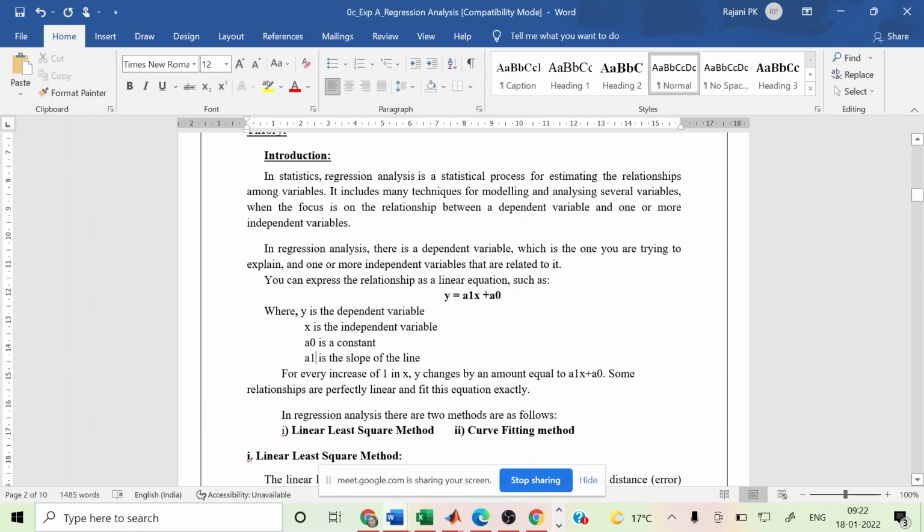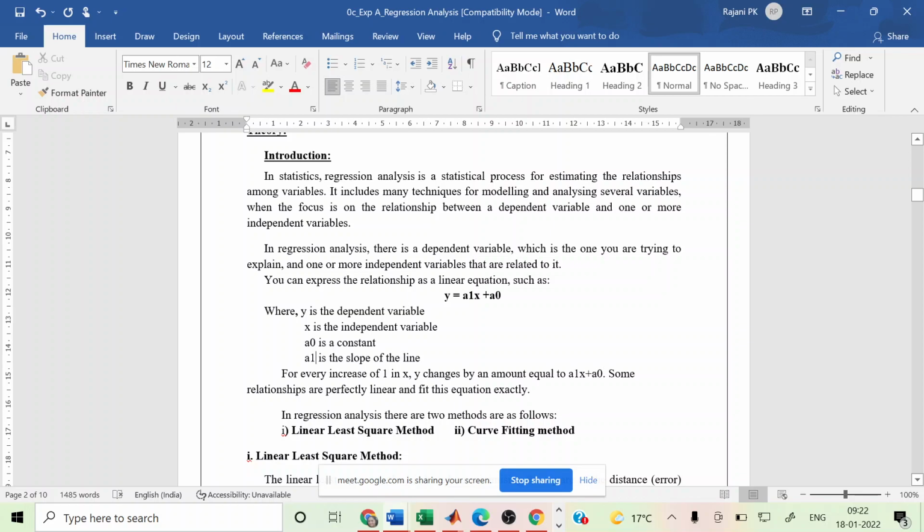Okay, so y is the dependent variable and x is the independent variable. Y depends upon x, but x is not dependent. X is called the independent variable. Okay, this is what you have to understand for every case.